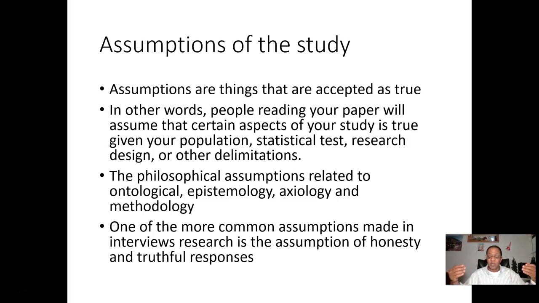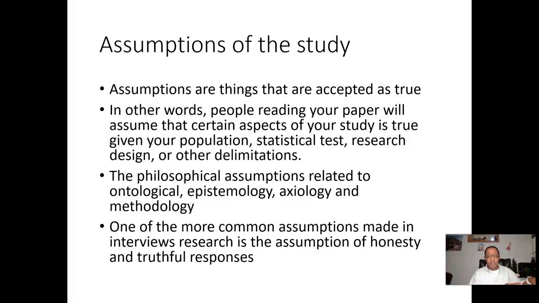Last week, you already did this assignment. Remember, philosophical assumptions. We talked about what the axiological assumption related to your study are, the epistemological assumptions, the ontological assumptions, and the methodological assumptions.